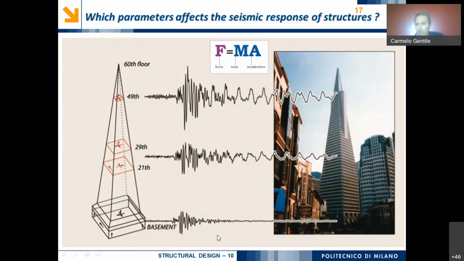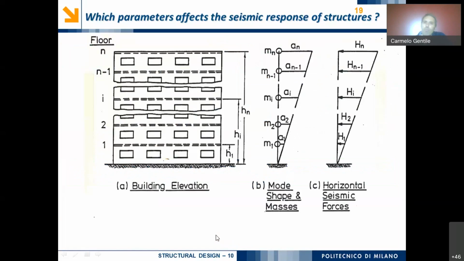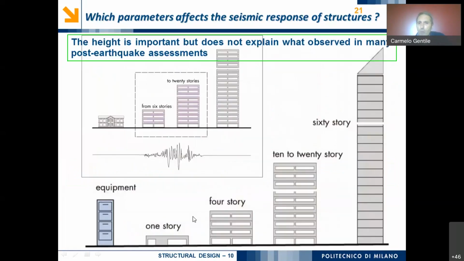Okay, perfect. So once we have understood the conceptual basis, of course we have to understand which are the mechanisms and the parameters affecting the seismic response of the structure.